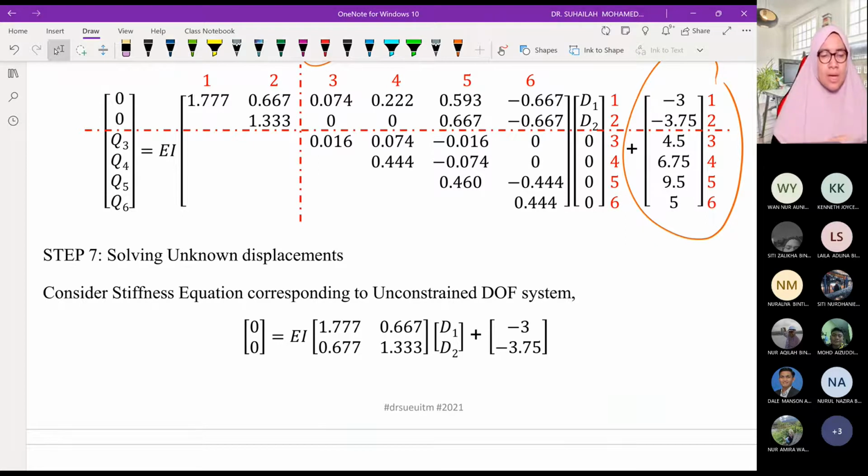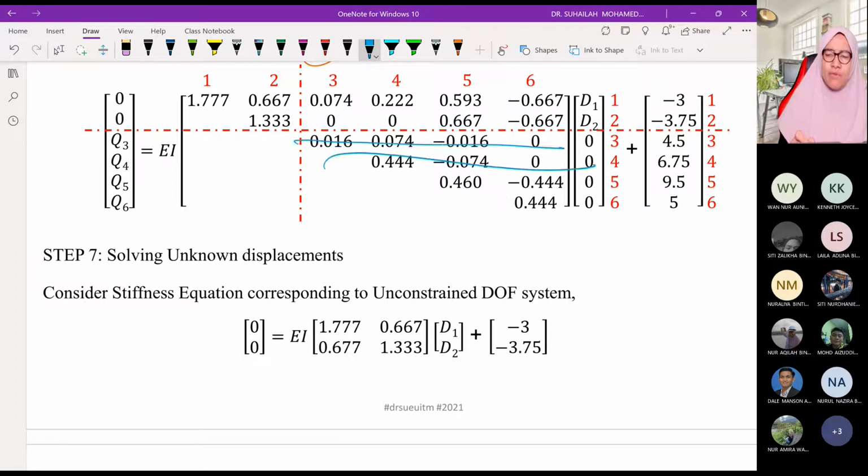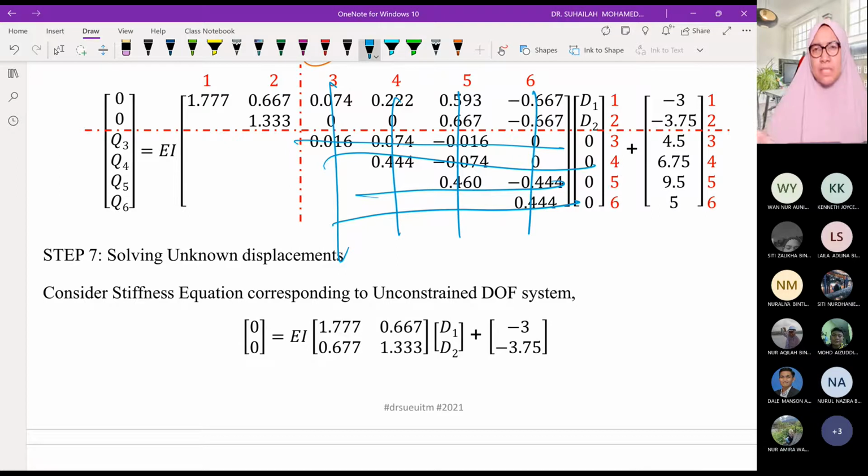Before that, in solving unknown displacements D1 and D2 here, because displacement at support equals 0, so 3, 4, 5, 6, 3, 4, 5, 6, because multiplying by 0 gives 0. So that is why we just need to consider this one.